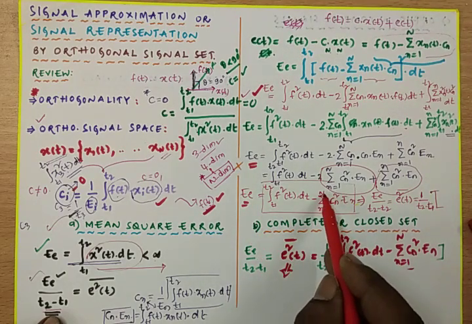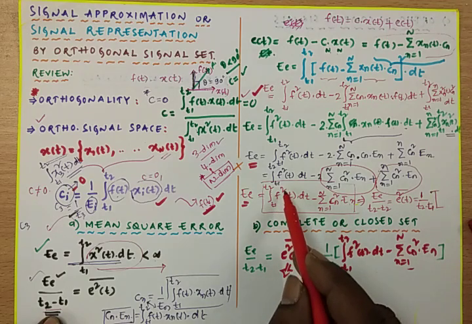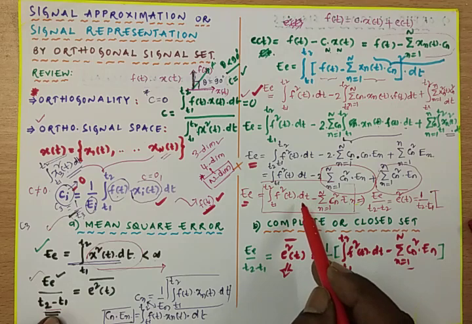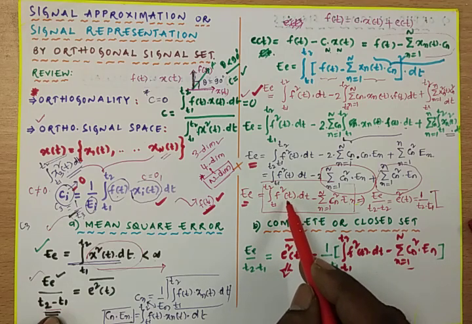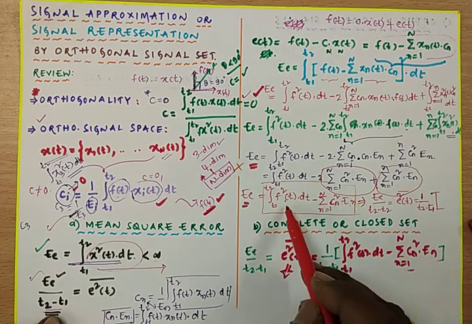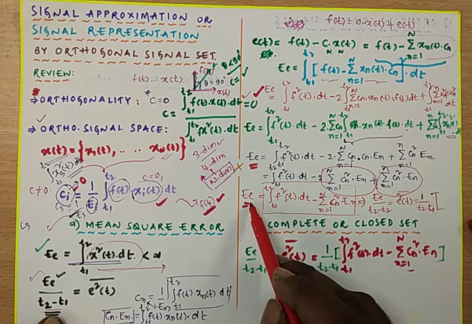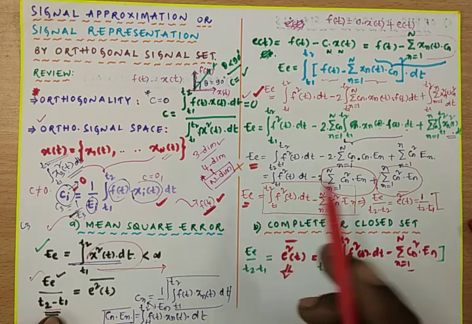When n is equal to infinity, this is going to be equal to the integral from t1 to t2 of f square of t dt, and this will be equal to this. At n equal to infinity, if this is x and this is also x, then x minus x will be 0, and that point is named as the complete set.